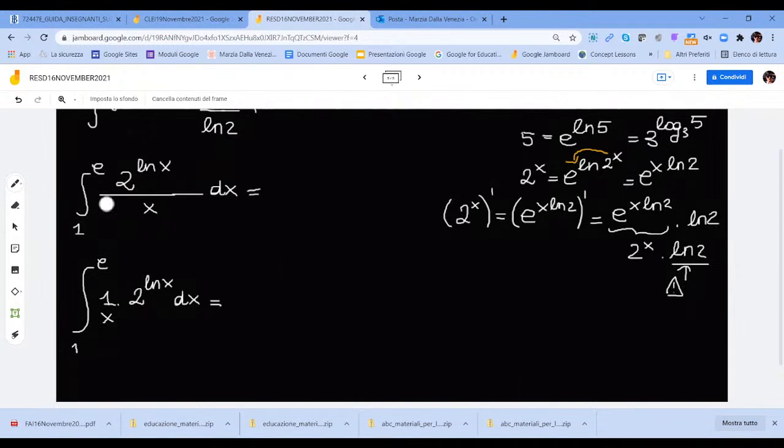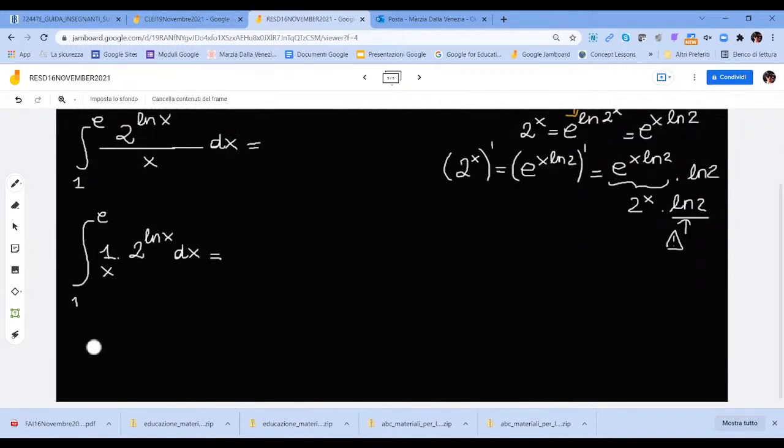So we can take the denominator of this function, and we can consider it as a multiplicative term. If you recognize that this is exactly the derivative of the logarithm, what do you have? Let's write the two types of integrals so you can see the difference.